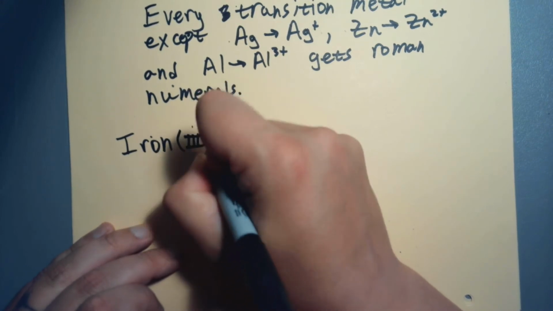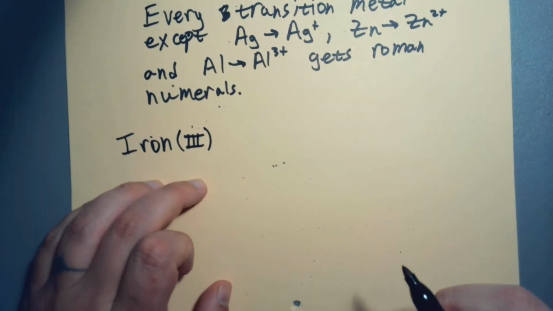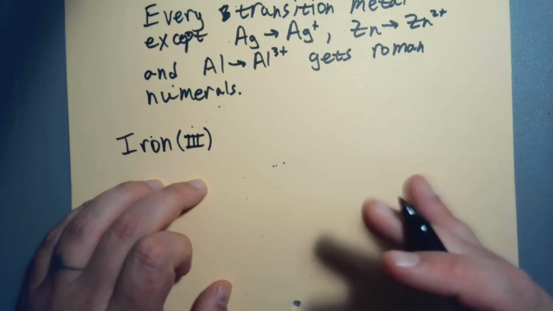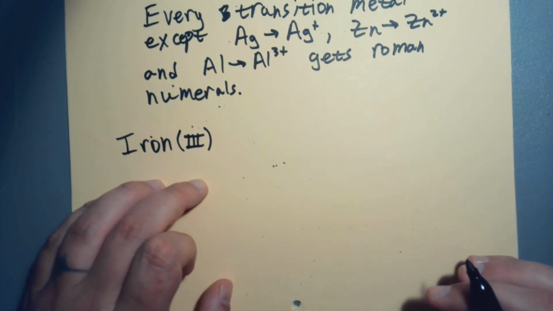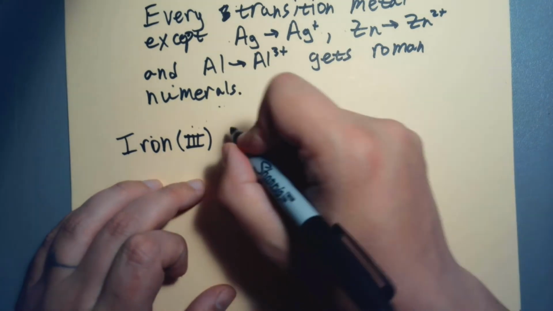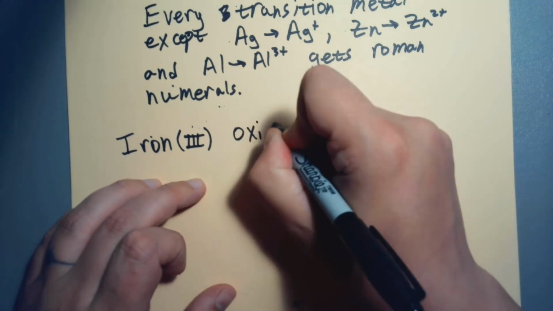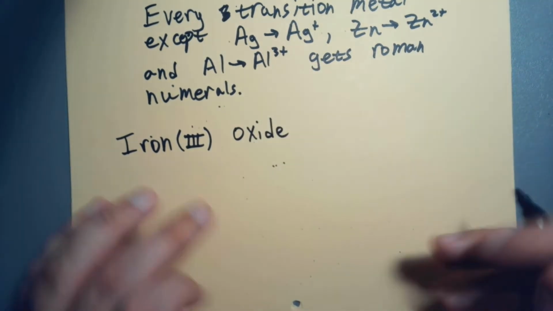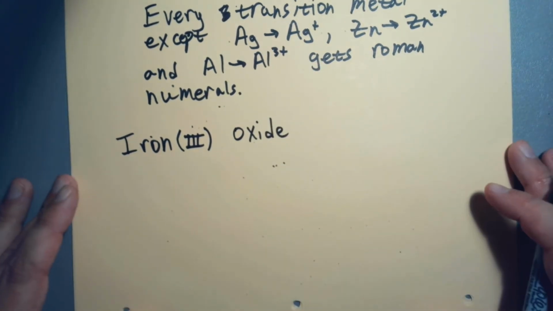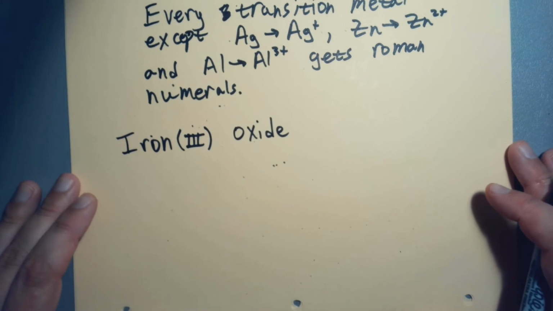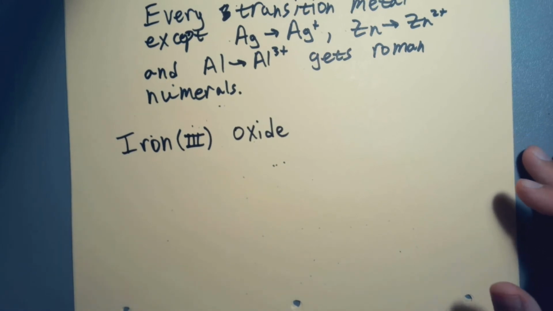So iron can be a +2 or +3. It's another one of those transition metals that has some options. So we're going to say this is iron 3 oxide, also known as rusted metal, rusty iron, that red flaky stuff, or powder. Alright, so we got iron 3 oxide.